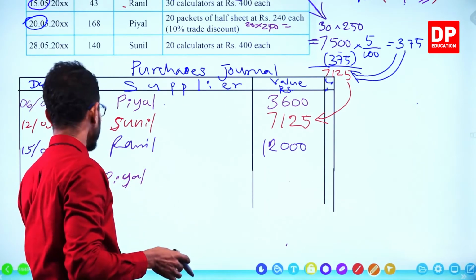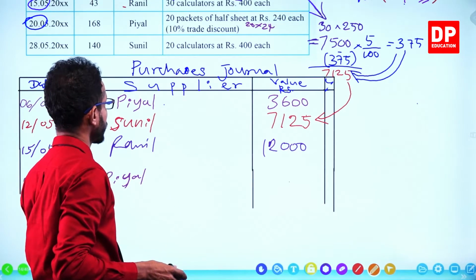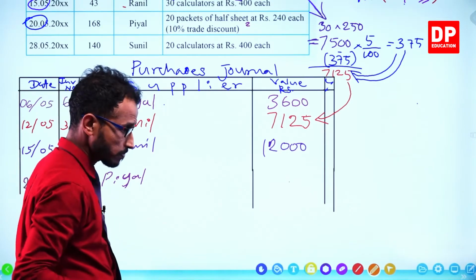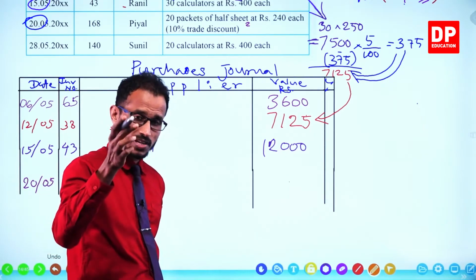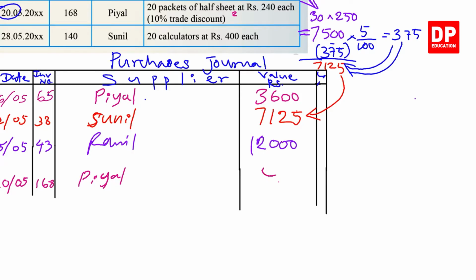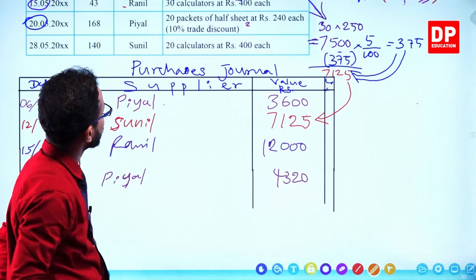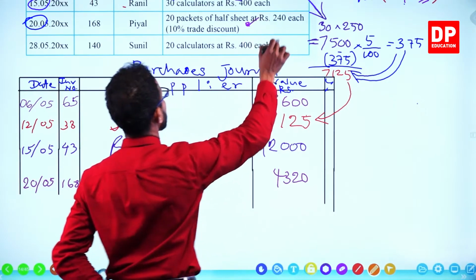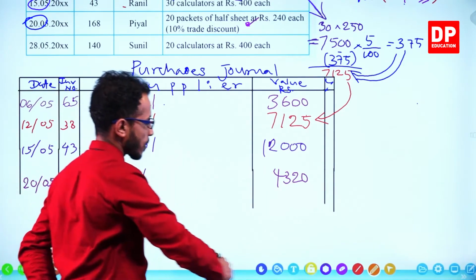You do your calculations. 4,800 minus 480 is 4,320. This is done, right? Yeah, it's done.